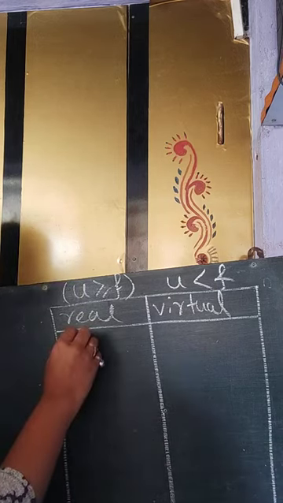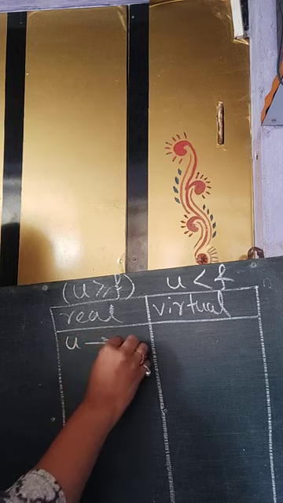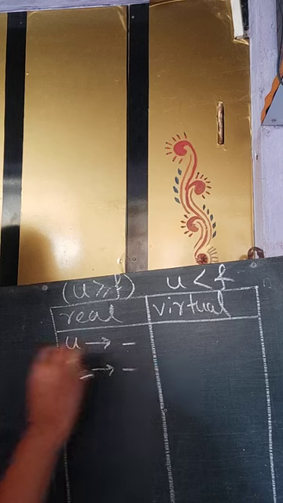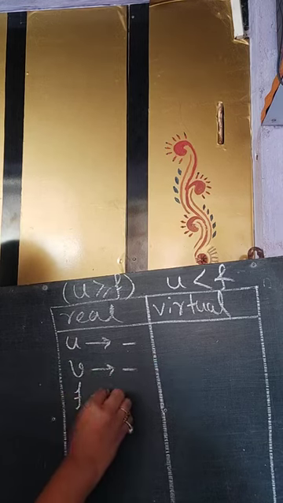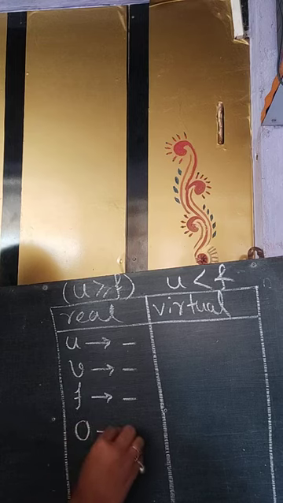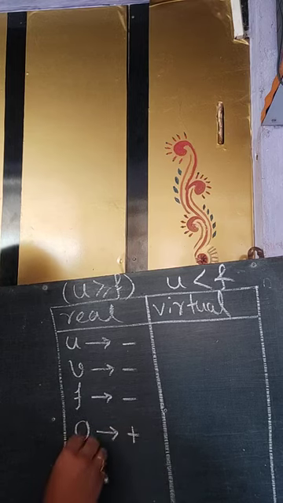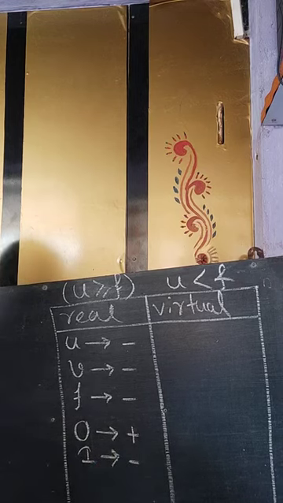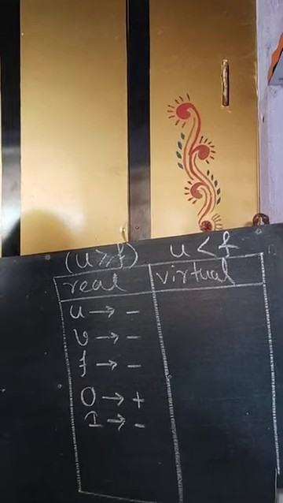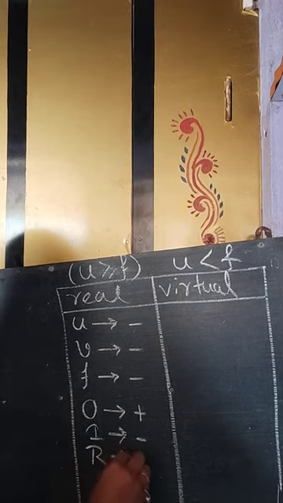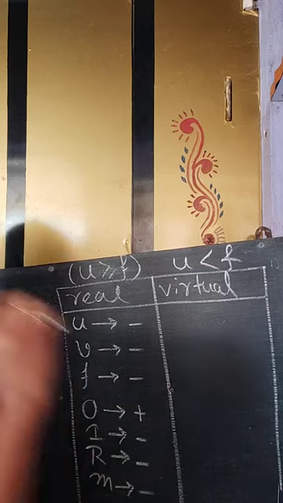For the real case, u will be negative, v will be negative, focal length will also be negative, height of the object, that is O, is positive, height of the image, that is I, is negative, radius of curvature R will be negative, and magnification M will also be negative.